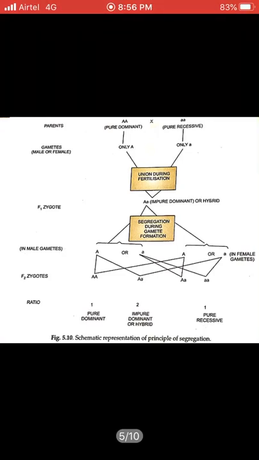Now coming to the next figure, this will help you understand the law of segregation, or purity of gametes. Here we find the parent with capital A and the recessive gene small a. They are fertilized, gametes form, and the F1 generation has capital A and small a. Then the F1 generation is self-pollinated and forms gametes, male and female, capital A and small a.